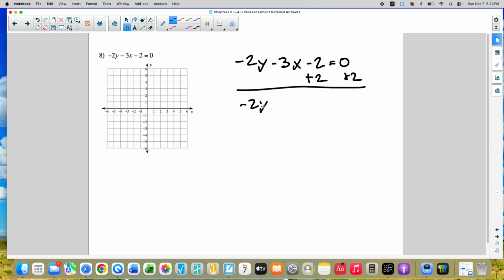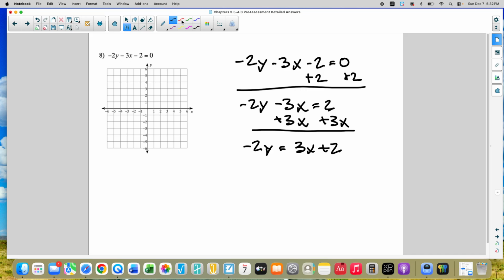Gives me -2y minus 3x equals 2. I'm going to add 3x. Gives me -2y equals 3x plus 2. And then I'm going to divide everything by -2, excuse me. Y equals -3/2 x minus 1.